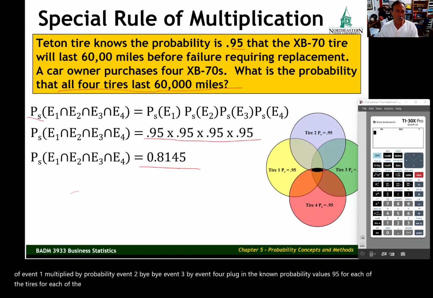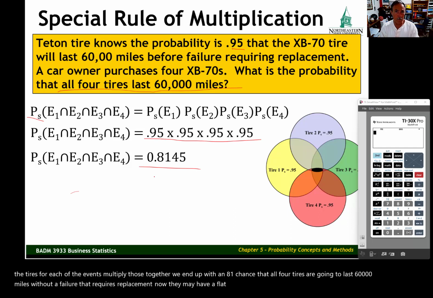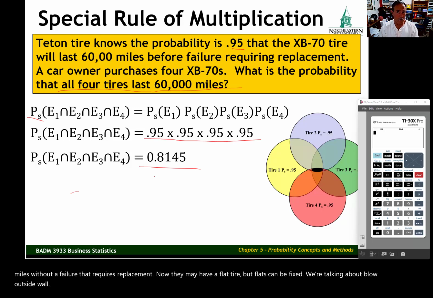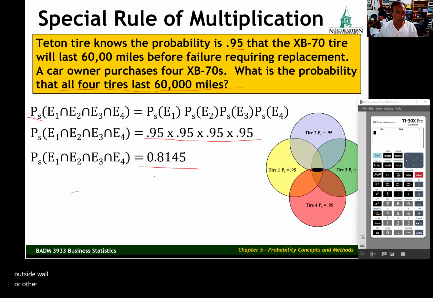Multiply those together, we end up with an 81% chance that all 4 tires are going to last 60,000 miles without a failure that requires replacement. Now, they may have a flat tire, but flats can be fixed. We're talking about blowout, sidewall, or other structural problems with the tire that is beyond repair.